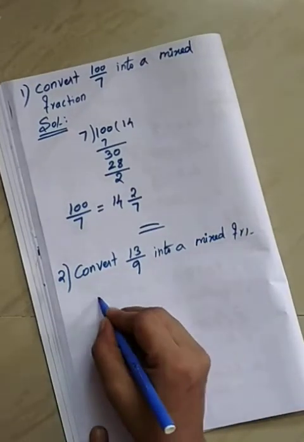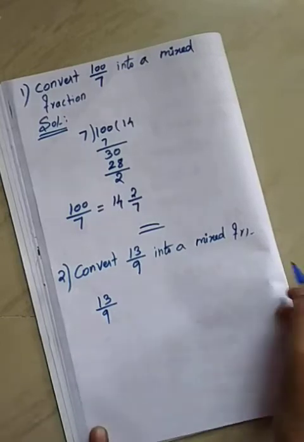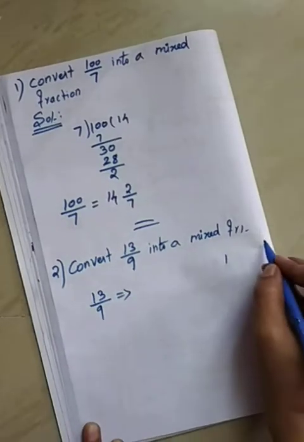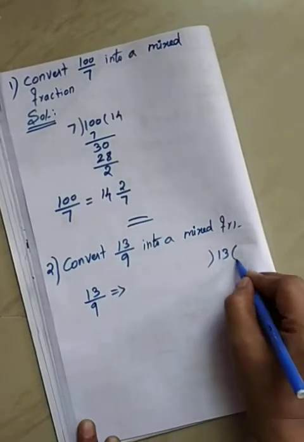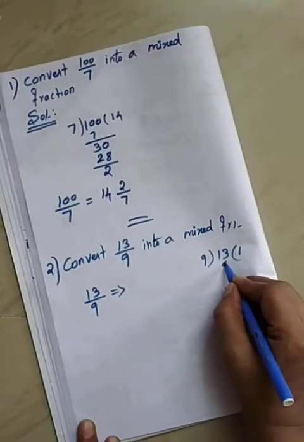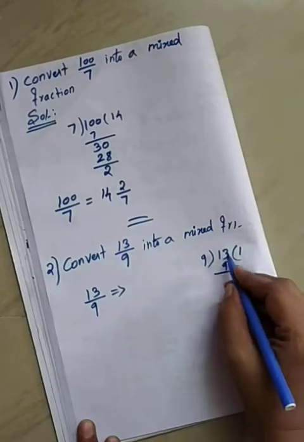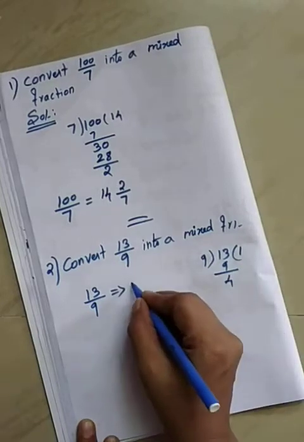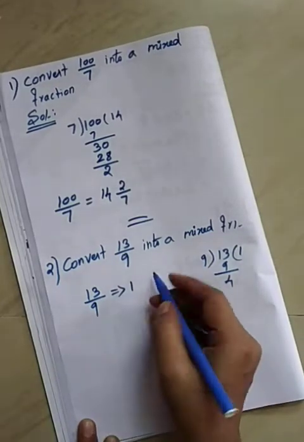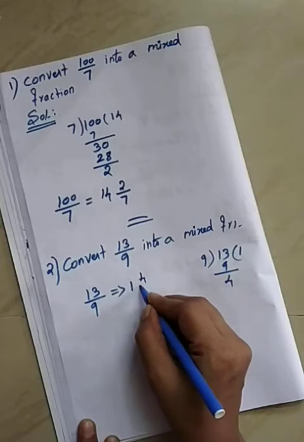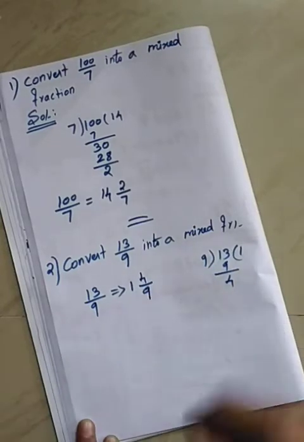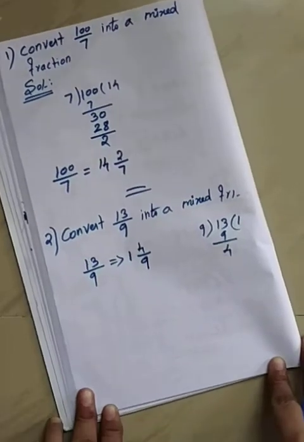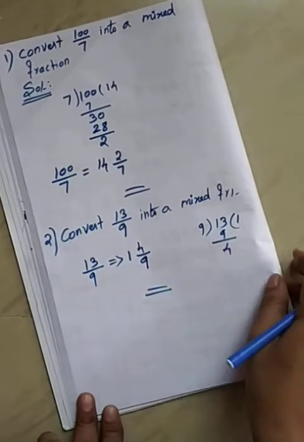See, 13 divided by 9 means, see here, 13, 9. 1 into 9 is 9, remainder 4. You have to write the quotient in this place, the remainder in this place, divided by 9. This is the mixed fraction. Everybody clear?